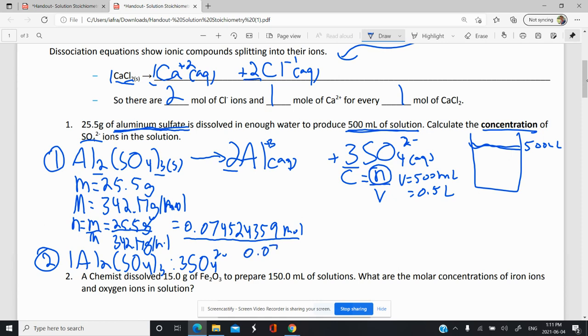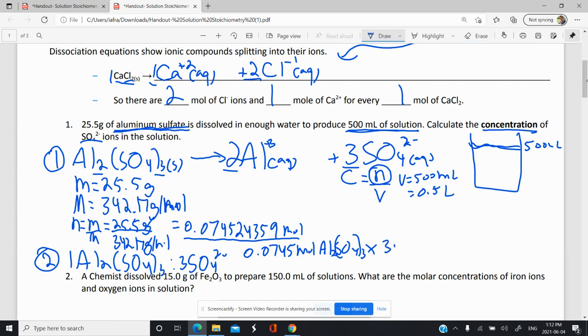So we have 0.0745 moles of aluminum sulfate multiplied by, now keep in mind, there's more digits there. They're just in my calculator. I don't want to write them all down. Multiplied by 1 mole. Whoops, not 1 mole. Wrong way for the ratio.